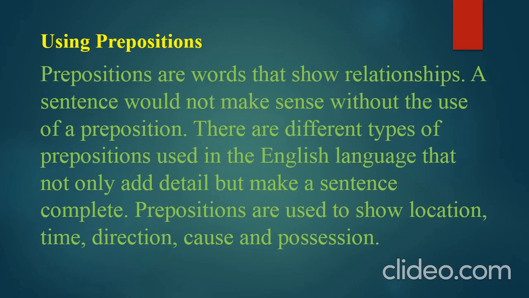जब sentence में preposition न हो तो वो आपको मुकम्मल sense नहीं देता, आपको मुकम्मल माने नहीं देता। This is not possible. There are different types of preposition used in the English language.